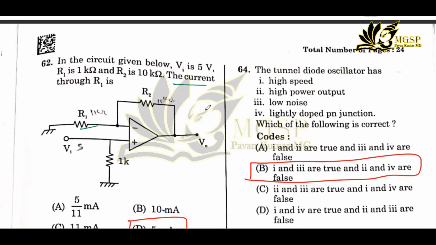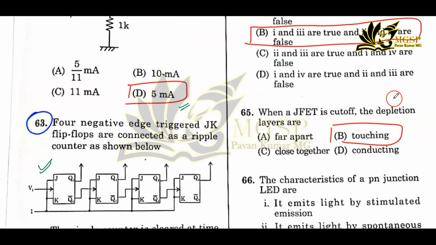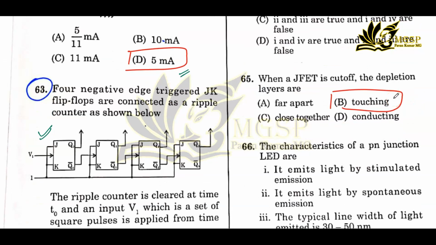Next, coming to the tunneling diode oscillator. It usually has high speed and low noise, but it cannot have high output power. So it has low output power, and it is not widely used. Next, coming to the JFET, the depletion regions are due to touching.